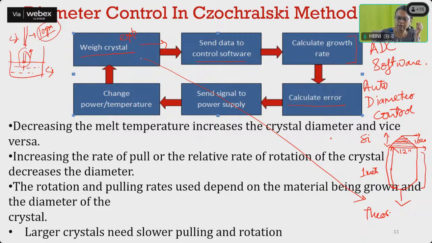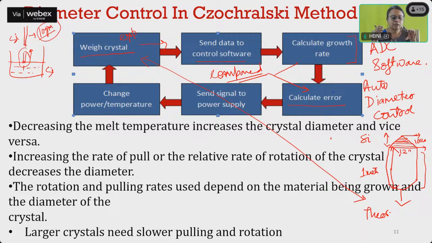These two values are compared at each and every point, and from this we calculate the error, meaning whether the actual weight of my crystal is more than what it should be at that given time or less.